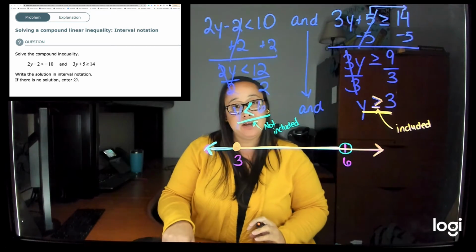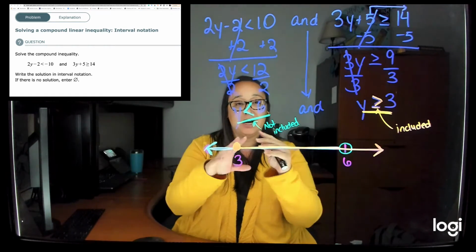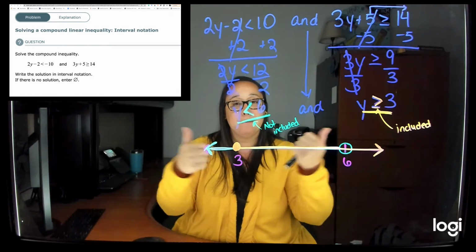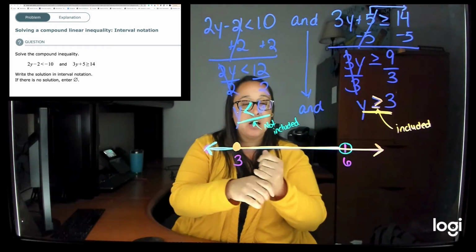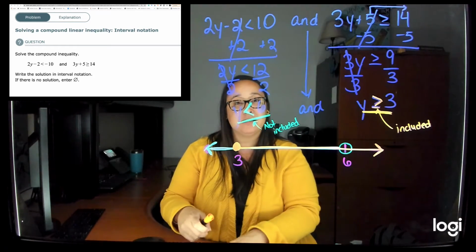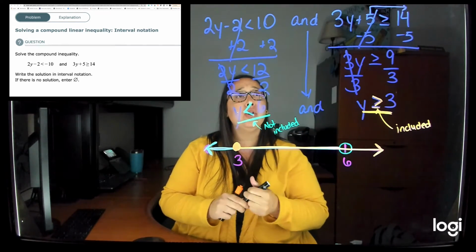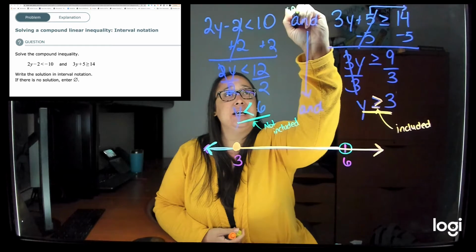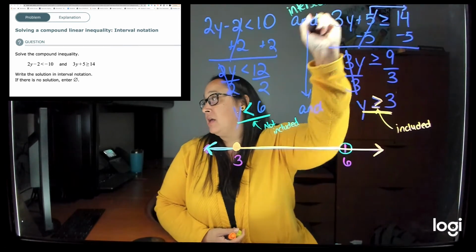Now, I didn't make this pretty. I did this on purpose. I drew my line so that they intersected, but I also drew the little tail ends of them that went past these points, because I want to explain something to you. When you have an and statement, what we are looking for is the intersection. Can you see? I cut that off.